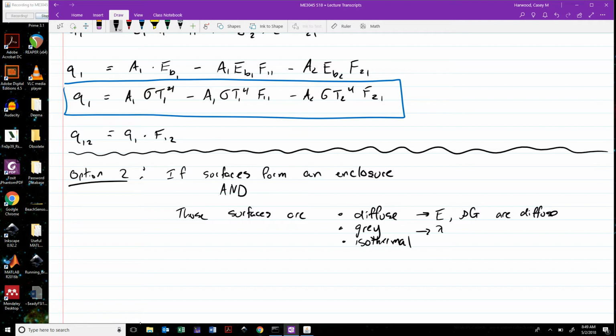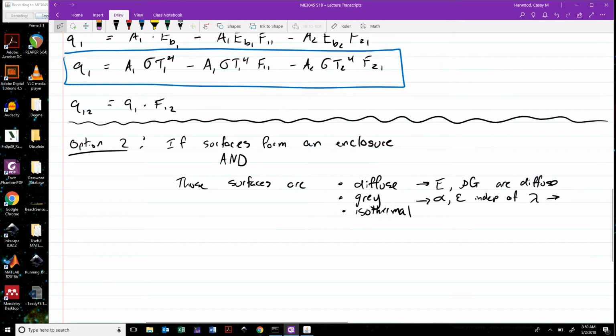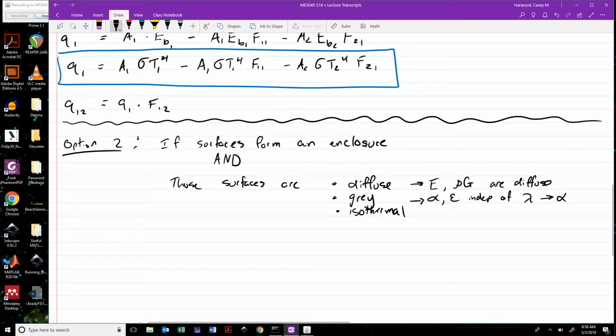Gray means that alpha and epsilon are independent of lambda, and therefore, by the theory we talked about on Friday, we can say that alpha is equal to epsilon. And then isothermal, right? This just means that T1, T2, T, whatever, are constant. So each surface has just exactly one temperature that we have to worry about.